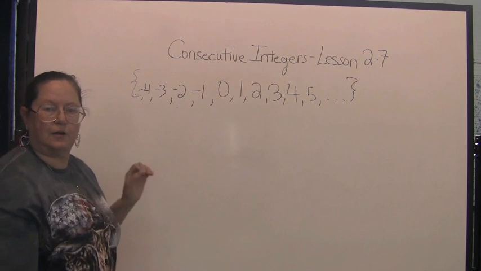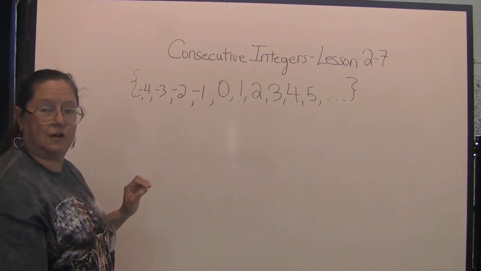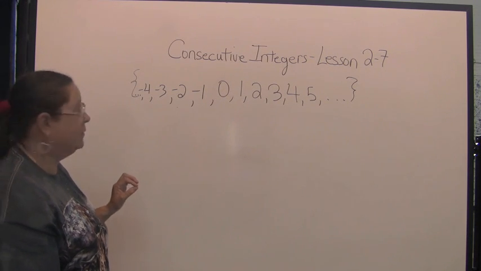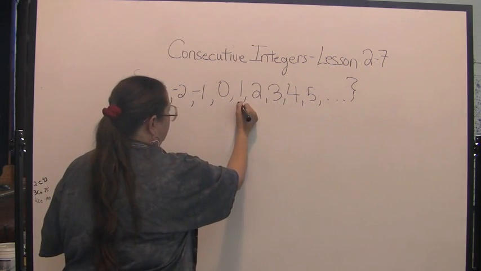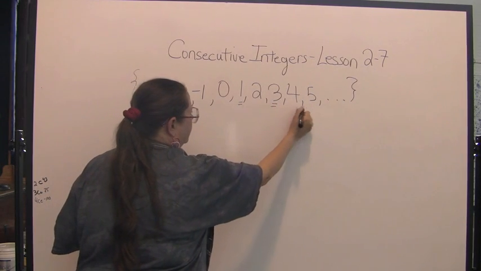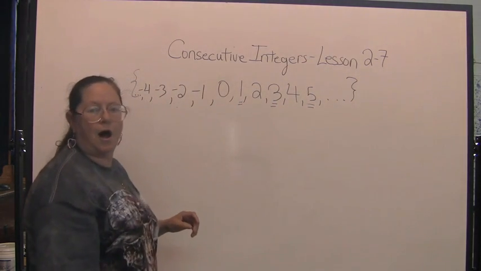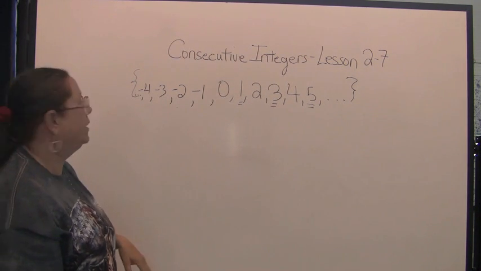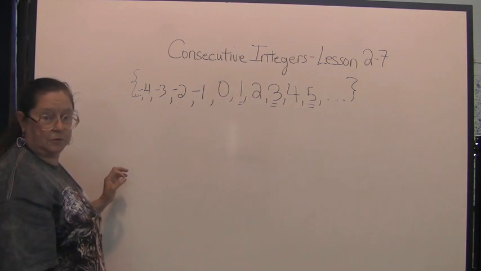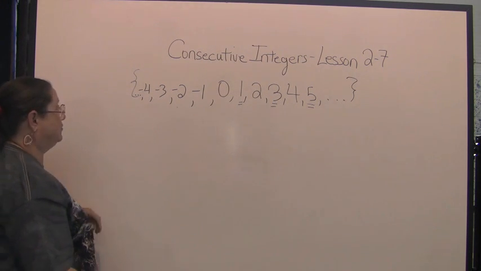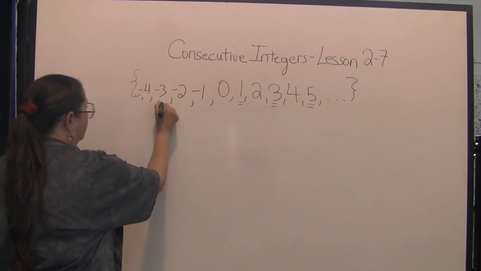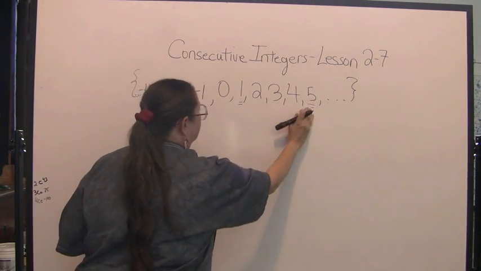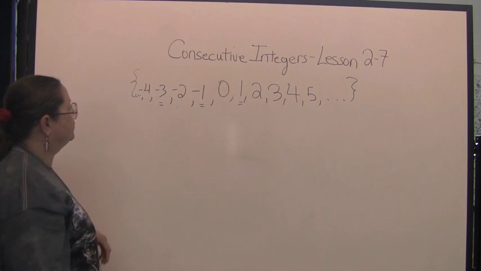If I said I want 3 consecutive positive odd integers, then I might say 1, 3, and 5. Those are odd integers, and they're consecutive. They're in order. Or if I didn't put the positive requirement, you might say -3, -1, and 1.